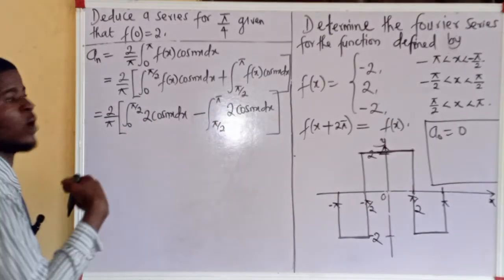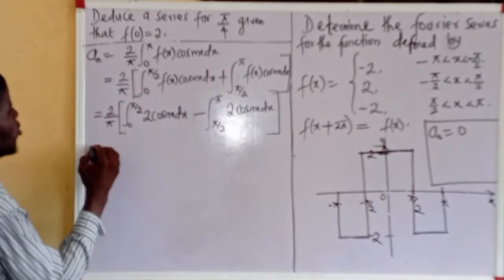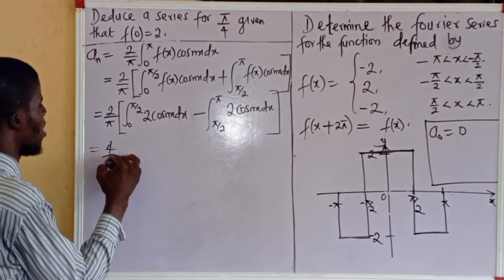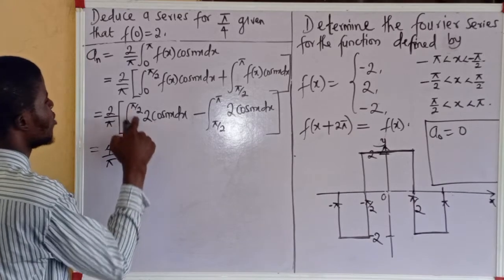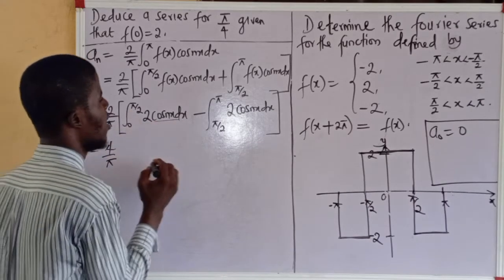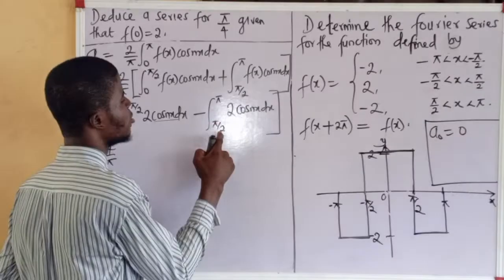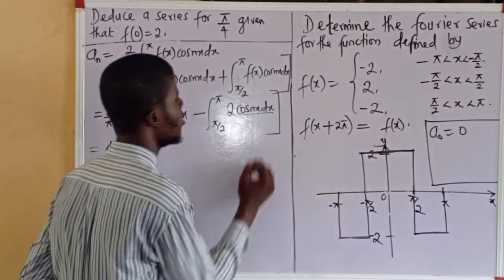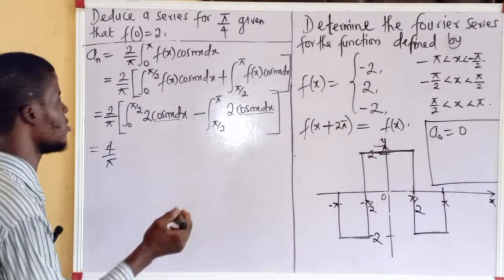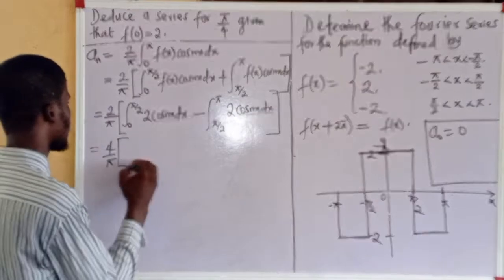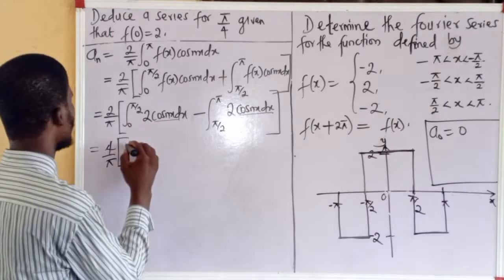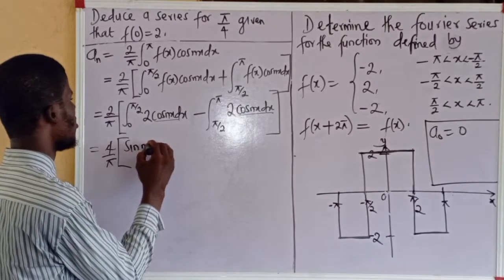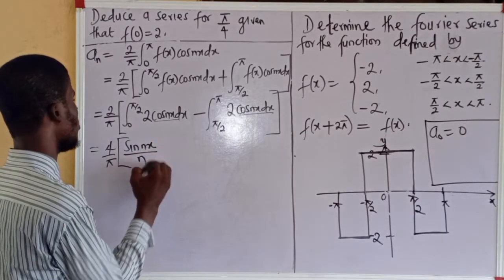Since 2 is a constant, I can bring it out. If I bring 2 out, to multiply this 2 here, it becomes 4. So it is now 4 over pi. Then we will take the integral from 0 to pi over 2 of cos nx dx, and from pi over 2 to pi of cos nx dx. You get it? Integrate cos nx dx, we are going to have sine nx all over n.